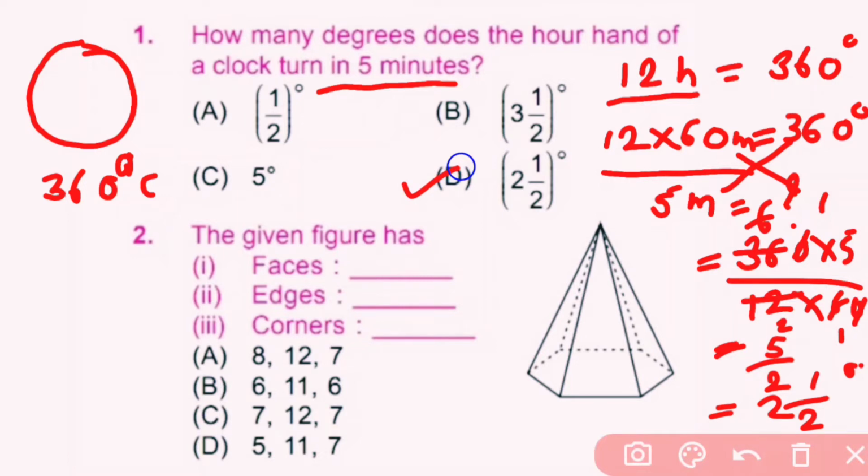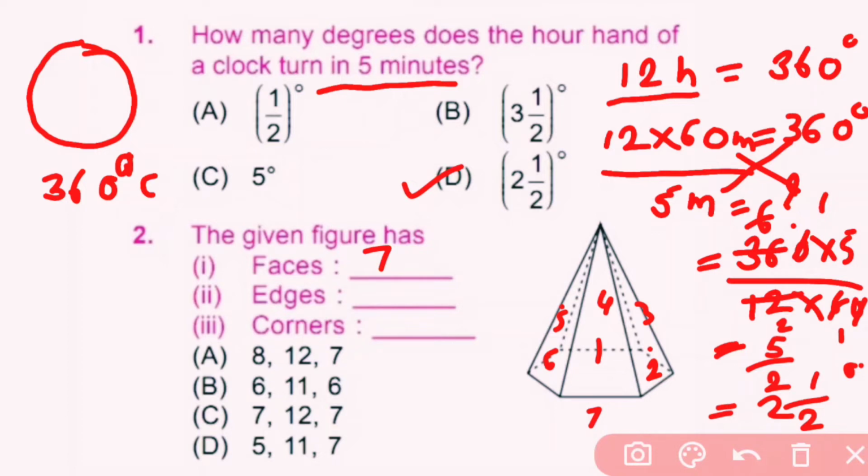Question number 2. The given figure has dash faces. So this 1, this 2, 3, 4, 5, this 6 and down 7. So there are 7 faces.